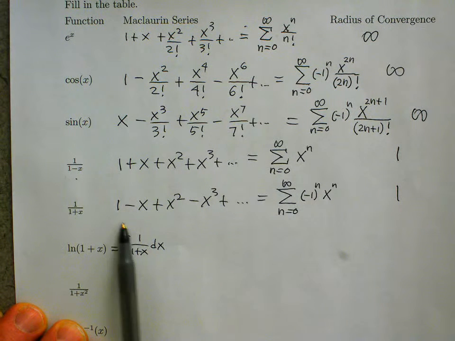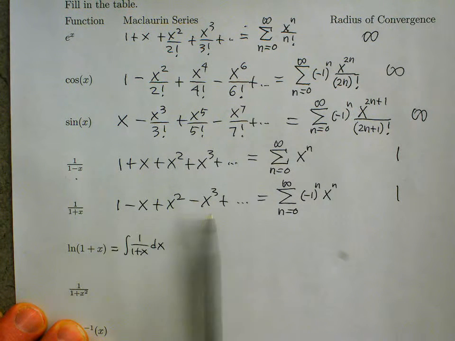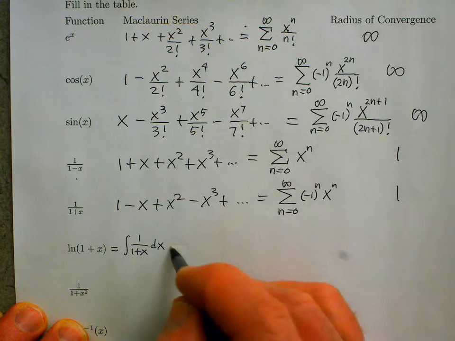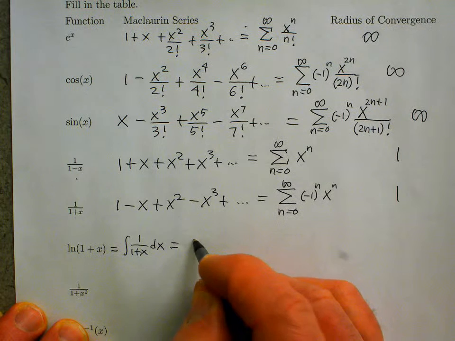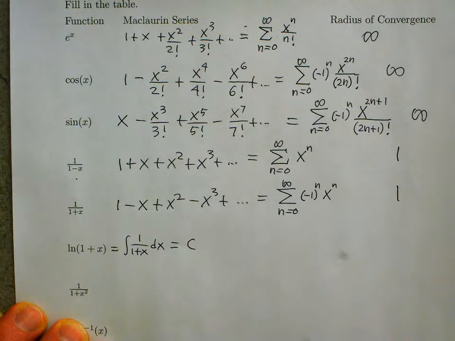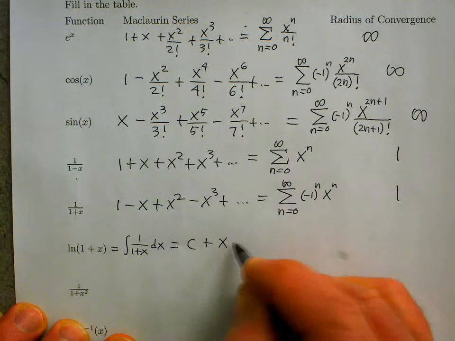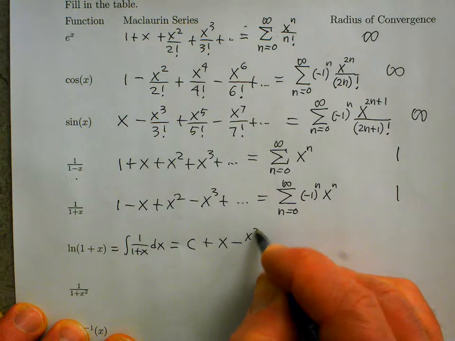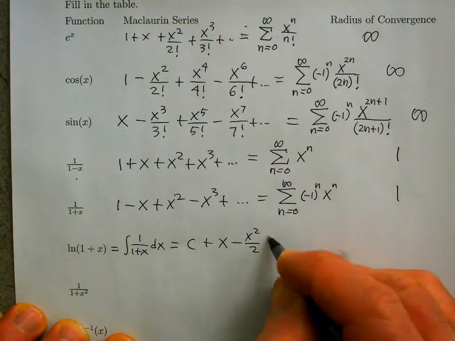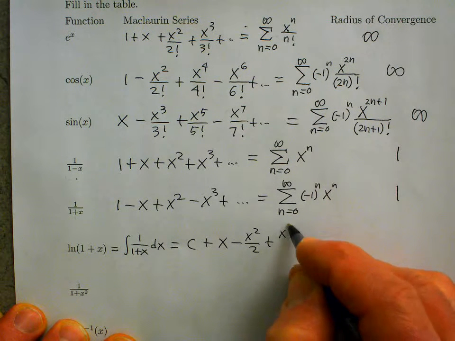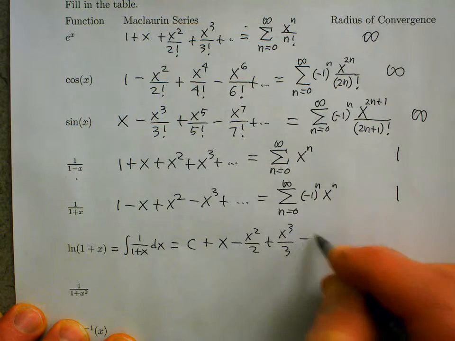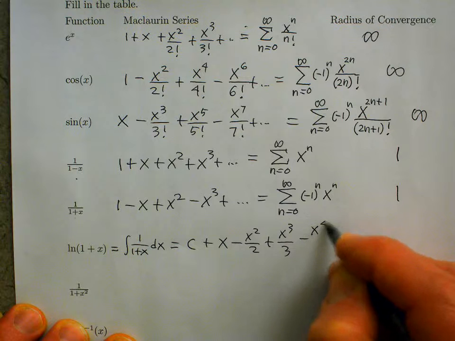So if we just find the antiderivatives of the series above that, and then add the integrating constant c, we get c plus x minus x squared over 2 plus x to the third over 3 minus x to the fourth over 4, and so on.